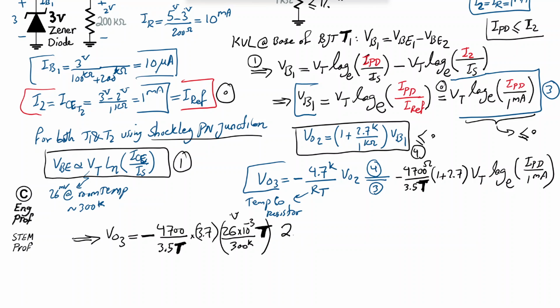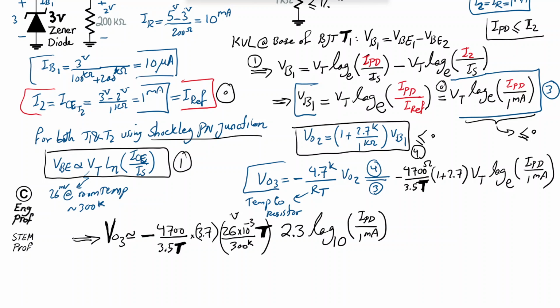We can write it as roughly 2.3 times log base 10. It's a very close approximation. The change of base from E to base 10 is easily possible, except that we need a 2.3 multiplier. So then we have IPD divided by 1 milliamp.